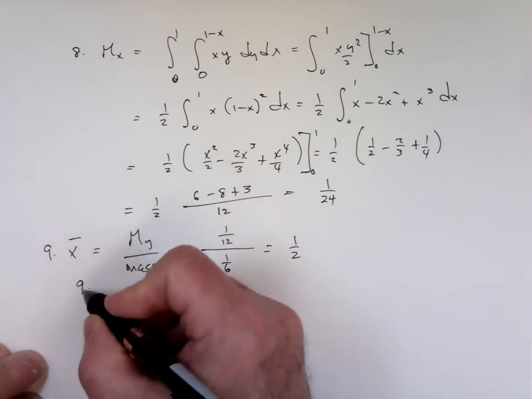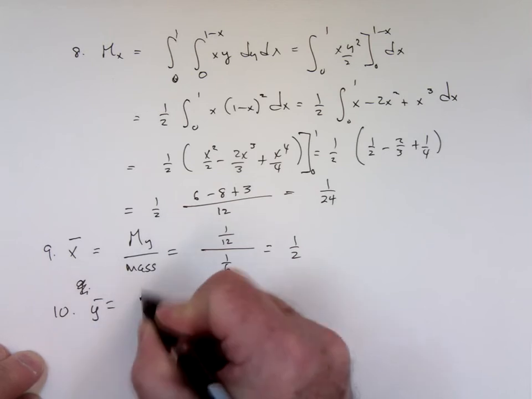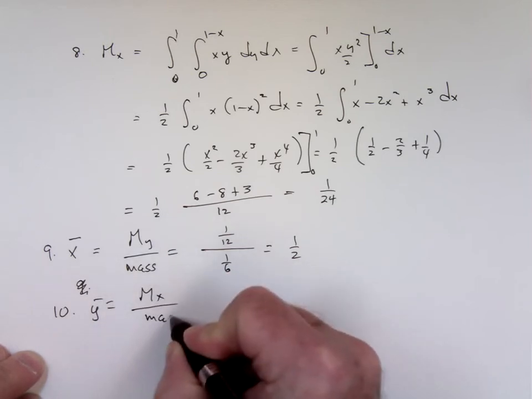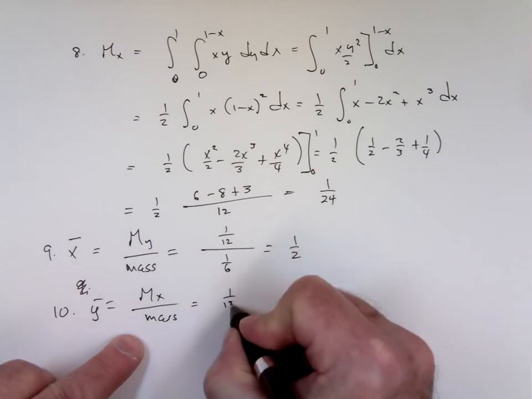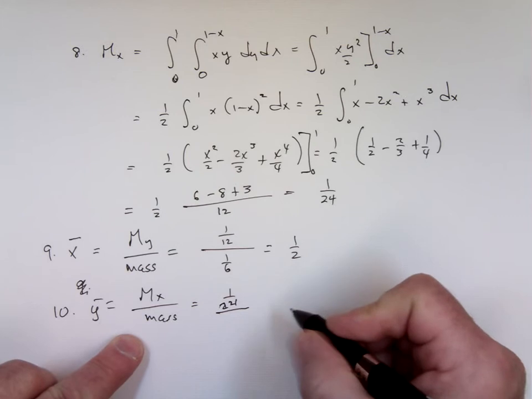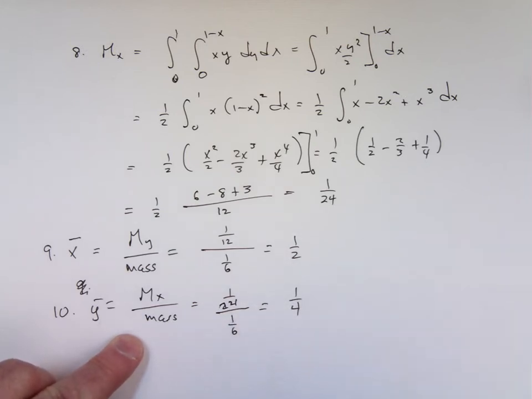Number 10, Y bar. Moment from the x-axis over the mass. 1/24 over the mass of 1/6. That gives you 1/4. Okay. Hopefully that's comprehensible there. So we get 1/4.